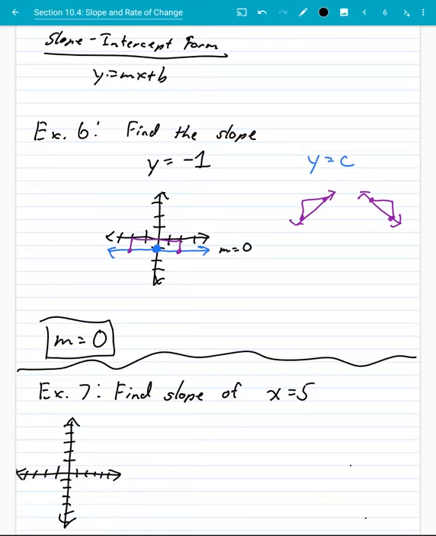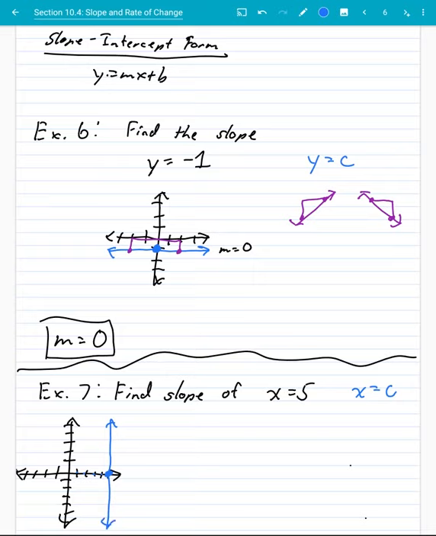Remember, if we have something like x equals c, that's going to give us a vertical line. So we're going to go over to 5 on the x-axis, because it says x equals 5, and we're going to draw a vertical line.